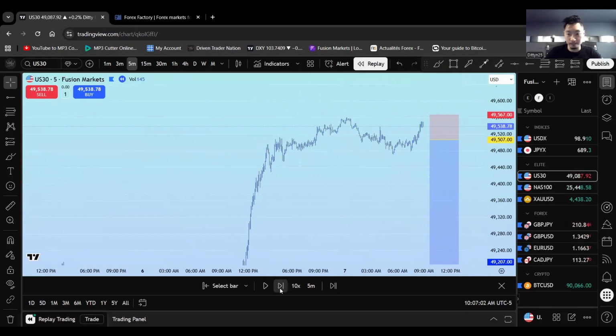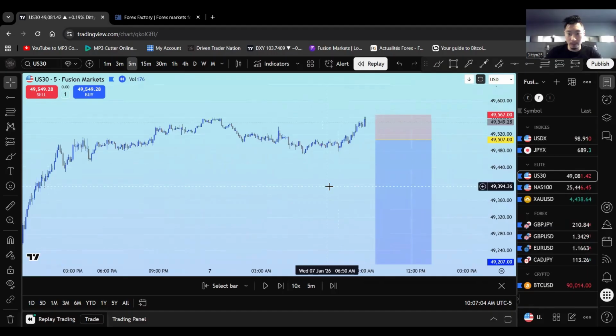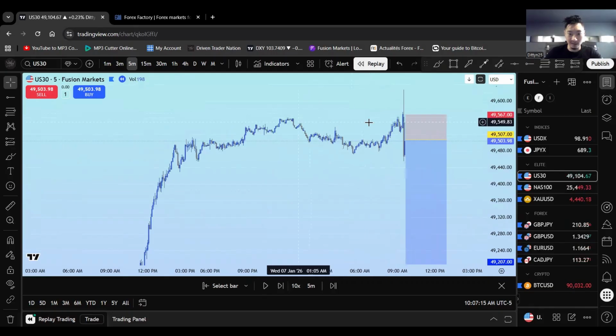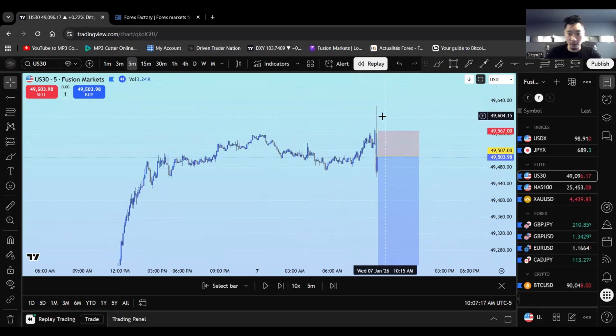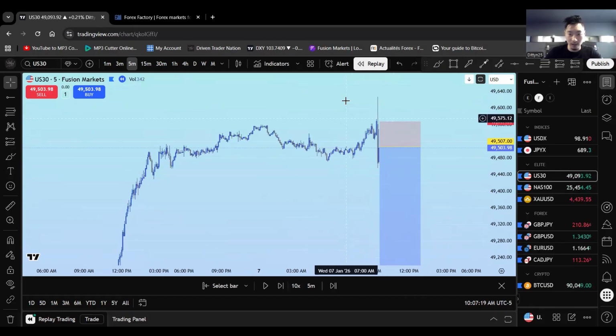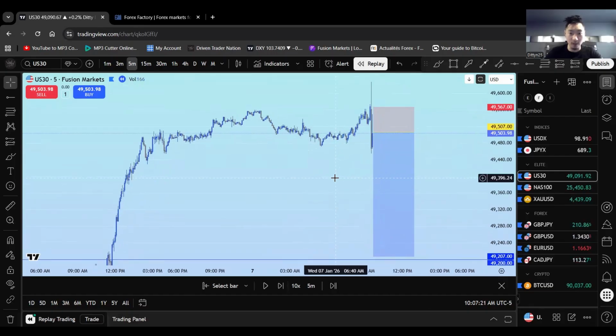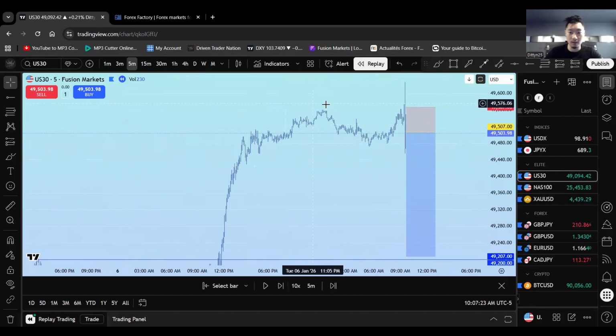So if you look at the opening, boom, saw that? Nice grab of liquidity. We reached also 49,600 and then started to reject. So I was like, okay, look at the structure.